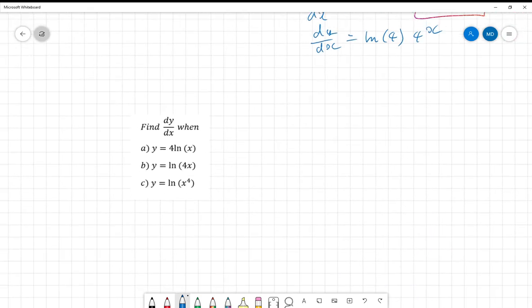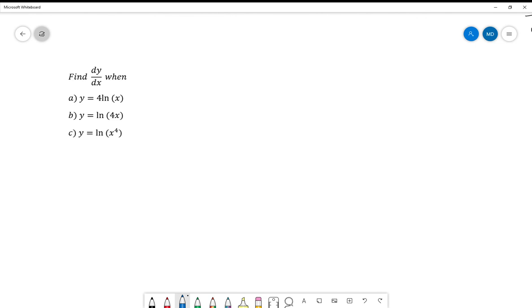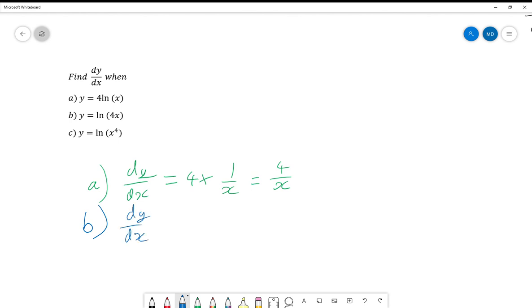Right, let's go through a few examples of this. So for a, we've got y equals 4 times the natural log of x, therefore dy by dx, the 4 is just a multiple, so it's just going to be 4 times by 1 over x, which is 4 over x. For b, we do have a multiple, but it's inside.